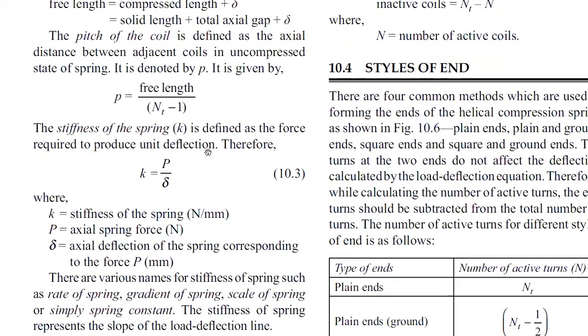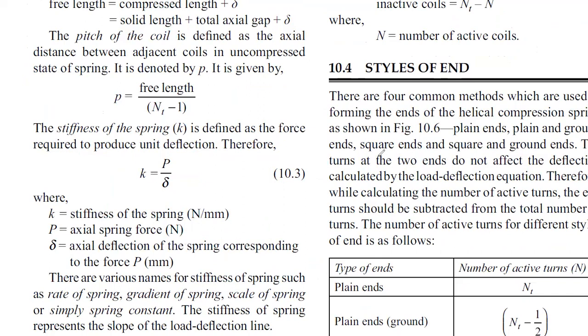So you can get this particular equation: K is equal to P divided by delta, where P is equal to the axial spring force and delta is equal to the axial deflection of the spring corresponding to the force P.